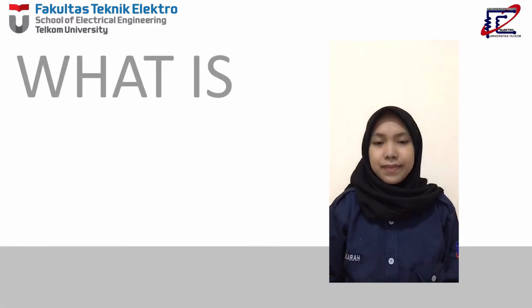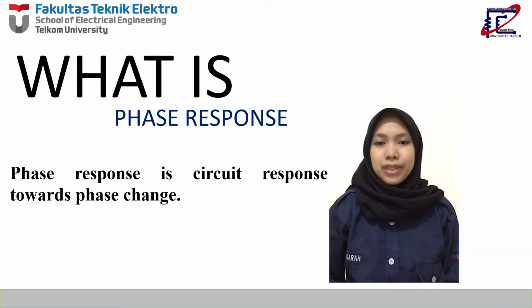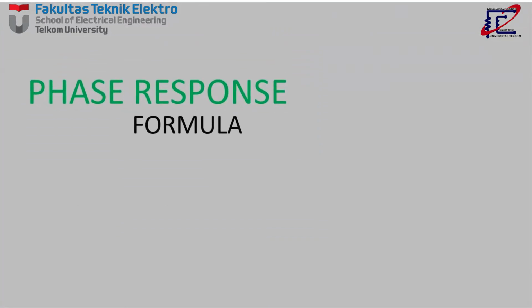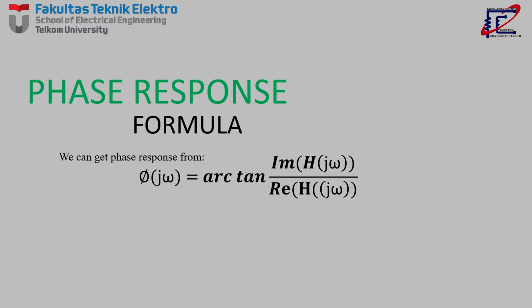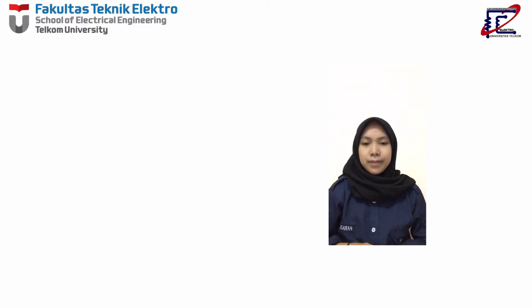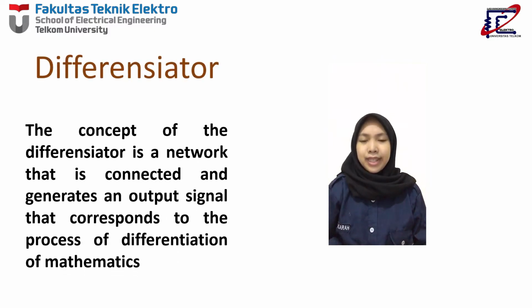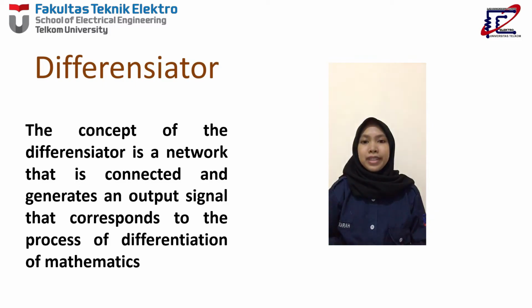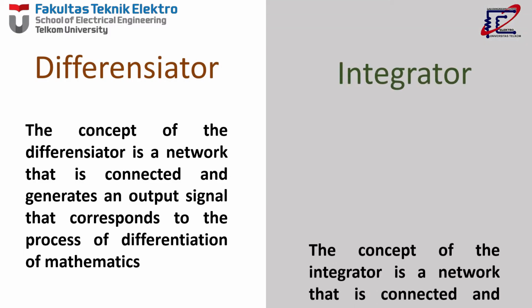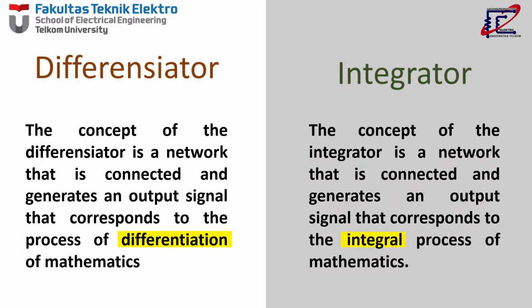The next is phase response. Phase response is the circuit response towards phase change. A differentiator is a circuit that generates an output signal that corresponds to the differentiation in mathematics. An integrator is a circuit that generates an output signal that corresponds to the integral in mathematics.